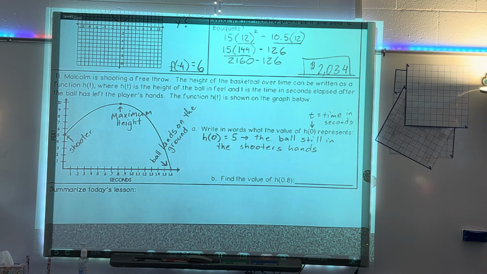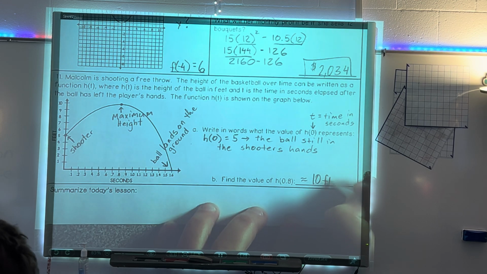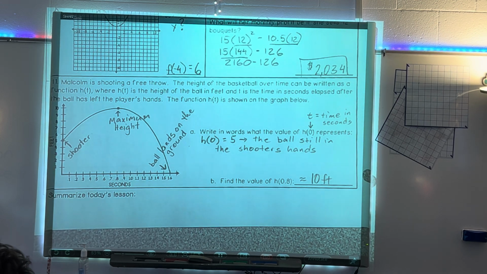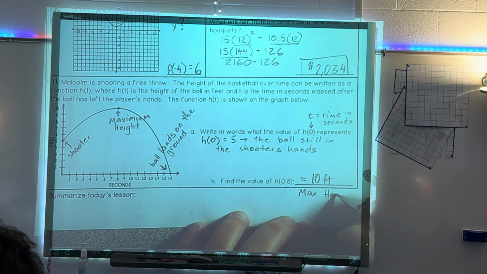So at h of 0.8, or when my time is at 0.8, what is the height of my ball there? Looks like it's about 10 feet. Sometimes the graphs are slightly off when they print it on paper. So it's about 10 feet, which represents the maximum height. Everybody okay there?